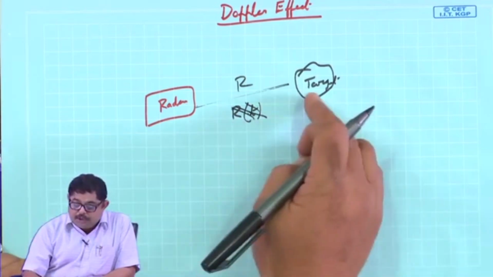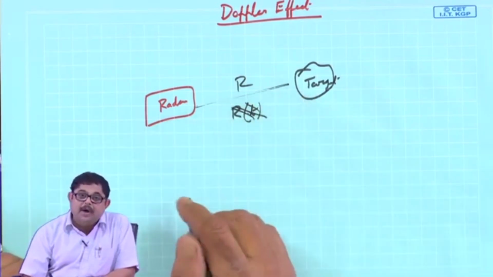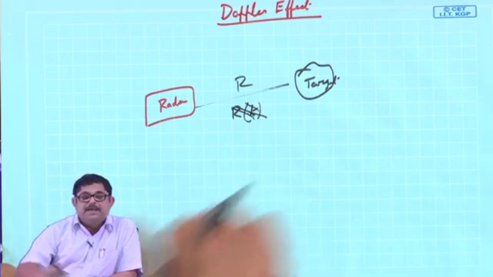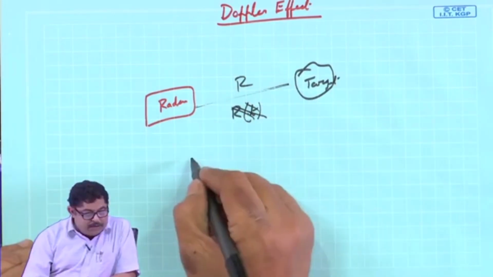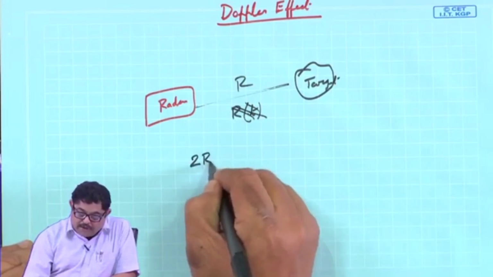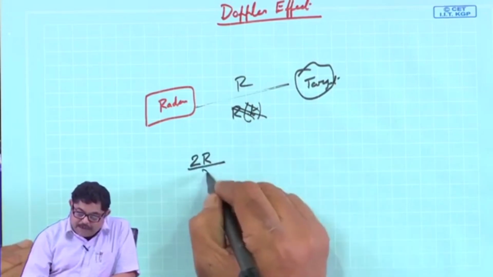So the total distance traveled is 2r. The total space phase associated with this two-way travel will be 2r by lambda.